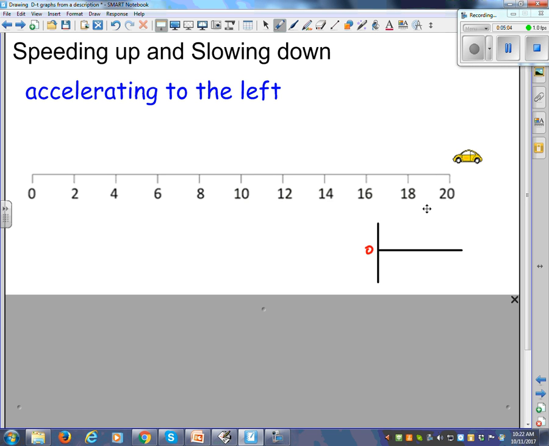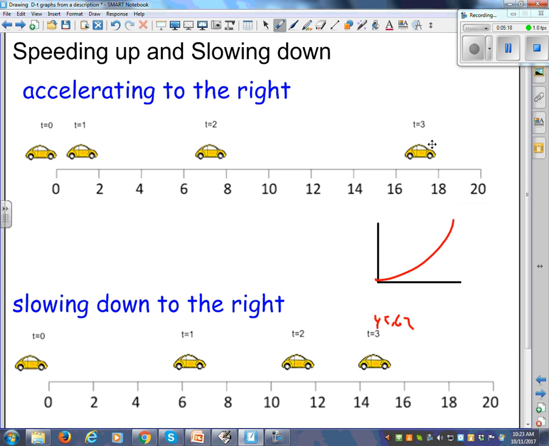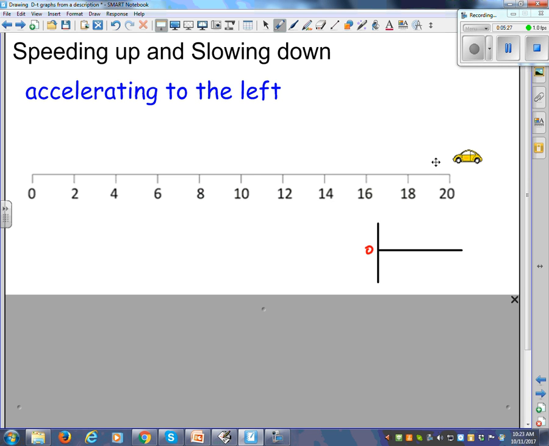What are the cars going to look like, Zoe? Come on. Speeding up to the left. Speeding up means what about the cars? Going faster. What's the distance between the cars like when it's speeding up? Farther apart. Is that not going to be the same here? Exactly the same, just that the car is now going the other way, right?